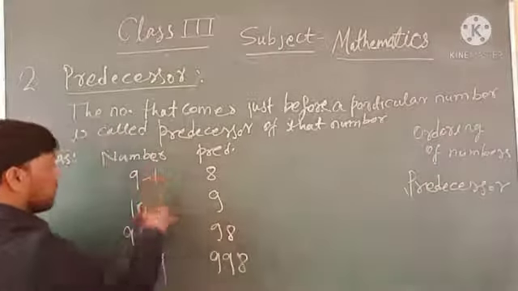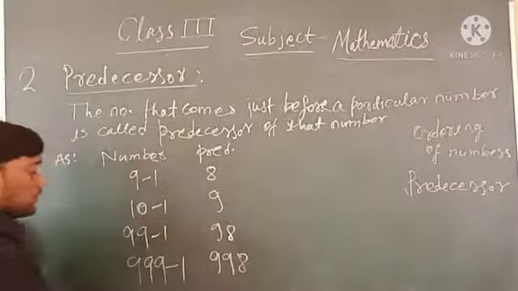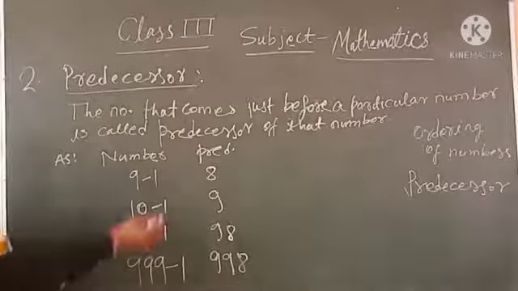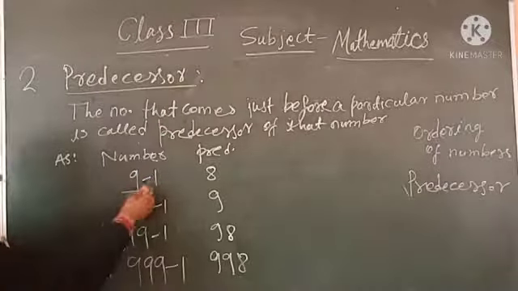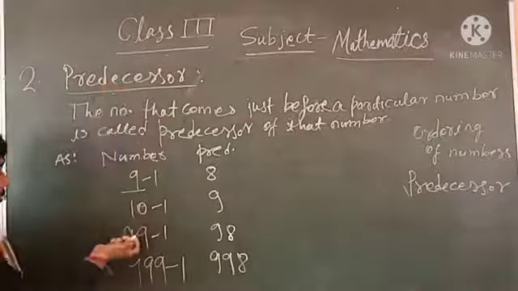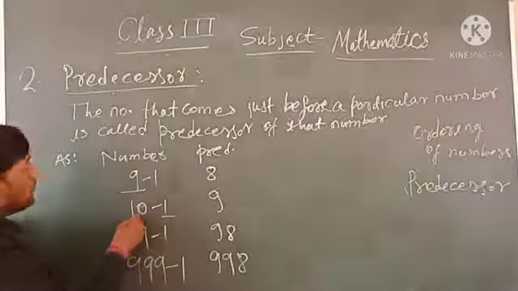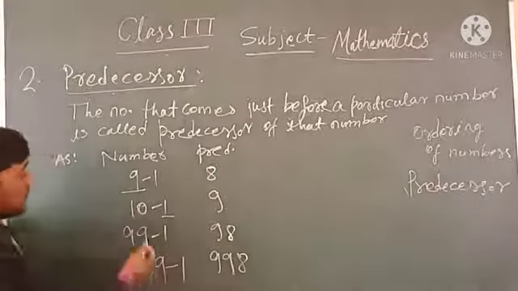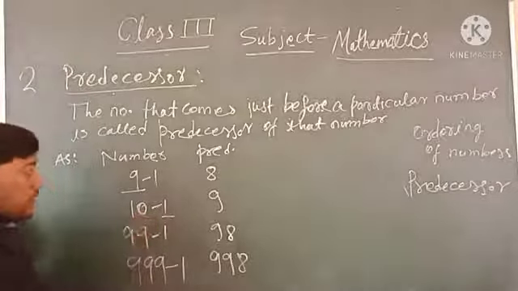Means 9 minus 1, 10 minus 1, 99 minus 1, 999 minus 1. To find the predecessor we subtract 1 from a particular number, and to find the successor we add 1 to a particular number.